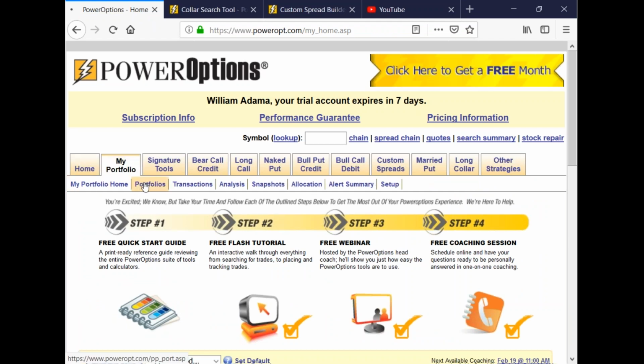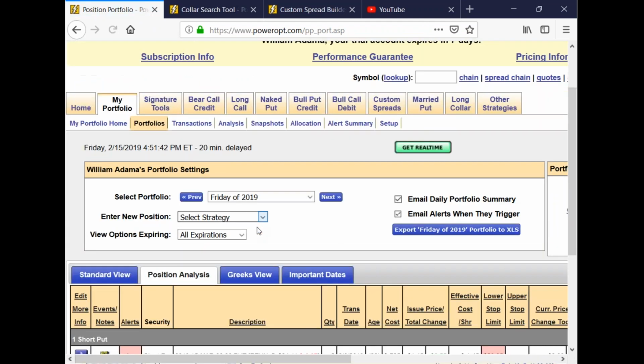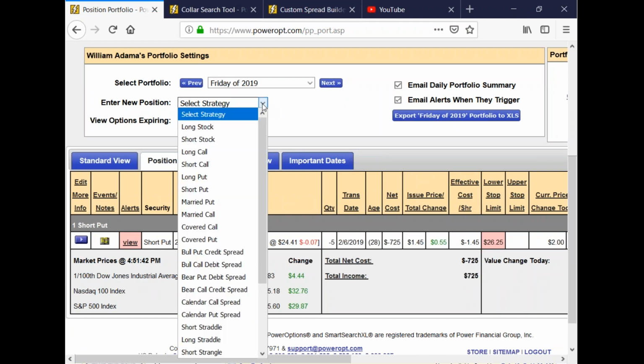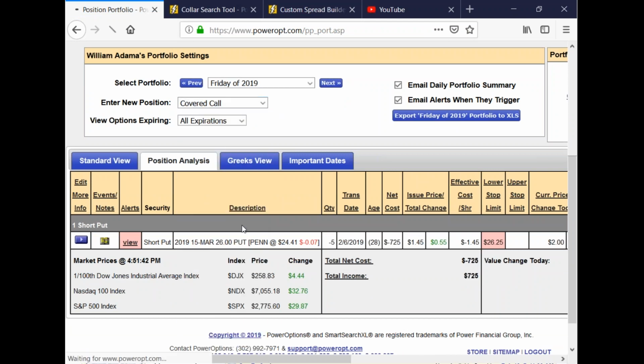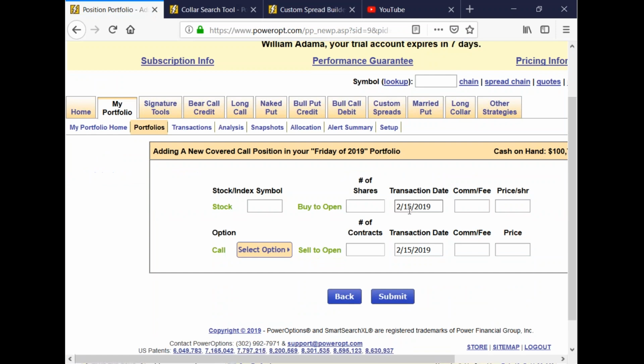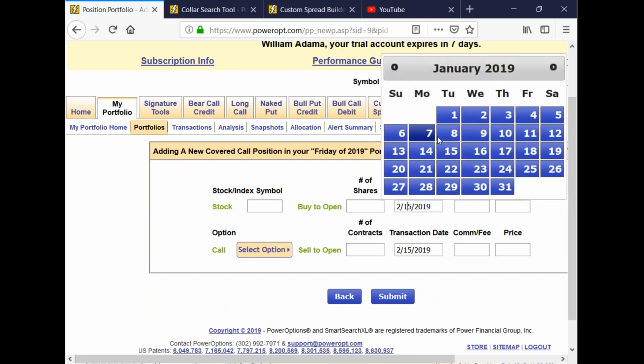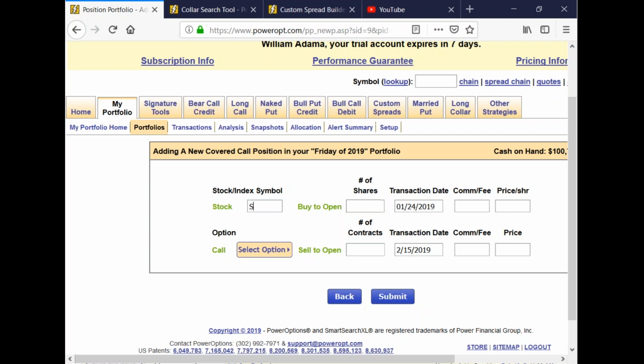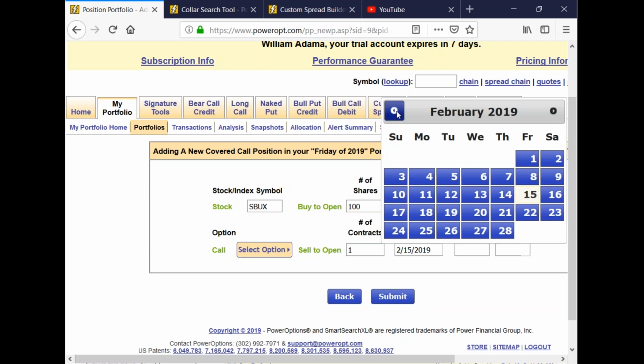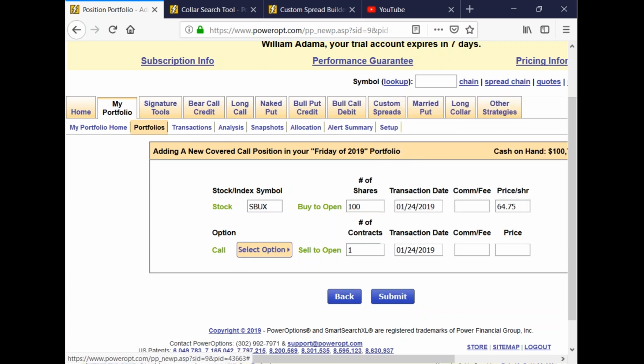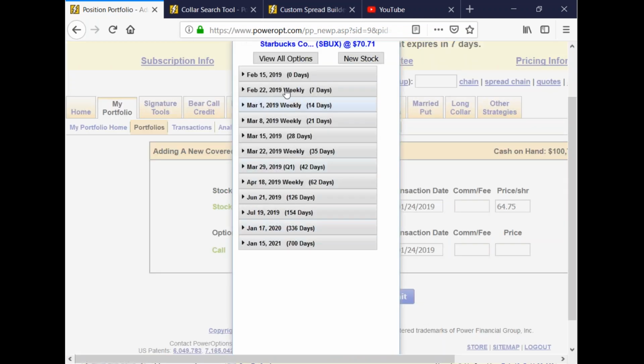We took a look at a Starbucks position. Okay, it's not there. Where on or around January 24th, we got into a Starbucks call. Well, we had a cost basis. I'm sorry, let's start from the beginning. How about that? 64.75. And roughly on the same day, I could have sold an in the money, at the money, or out of the money call.